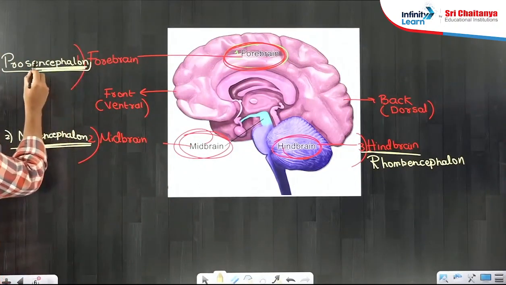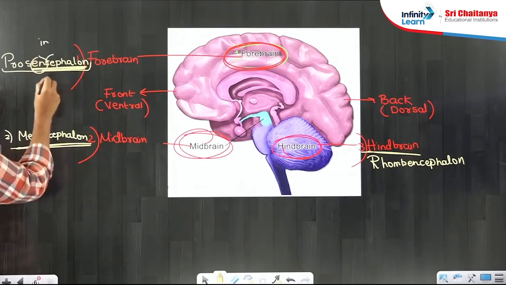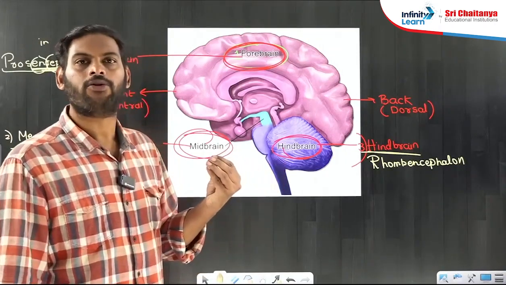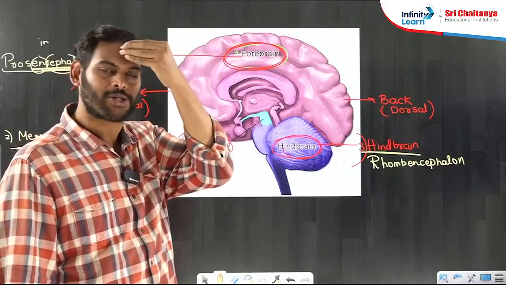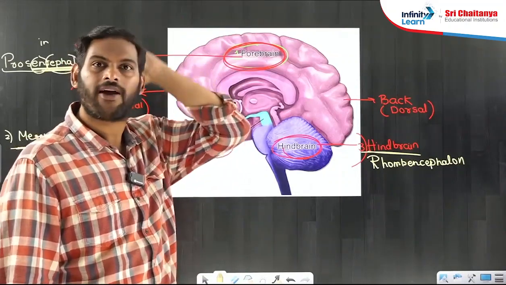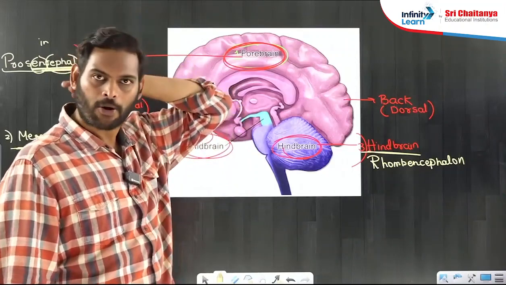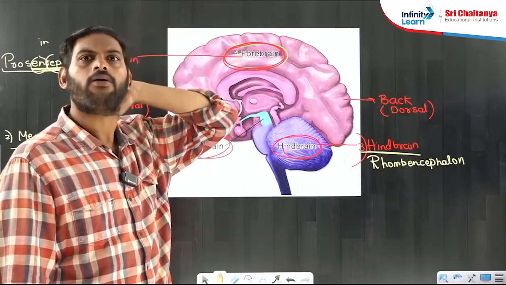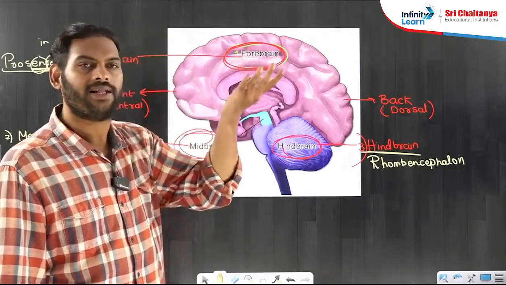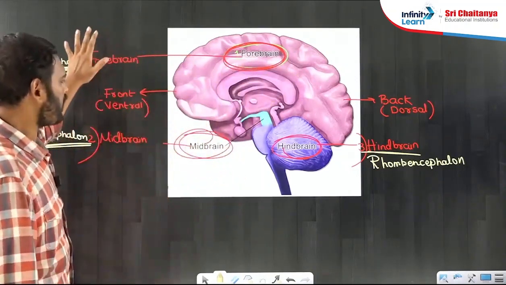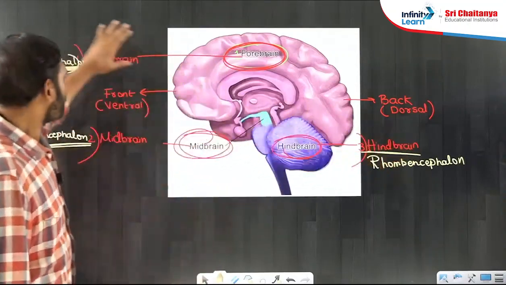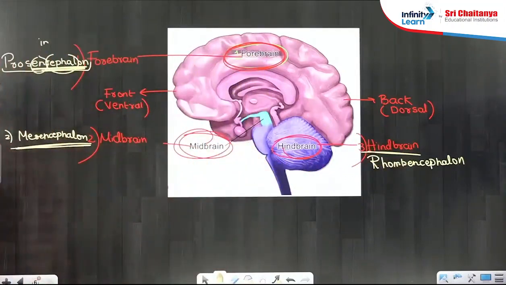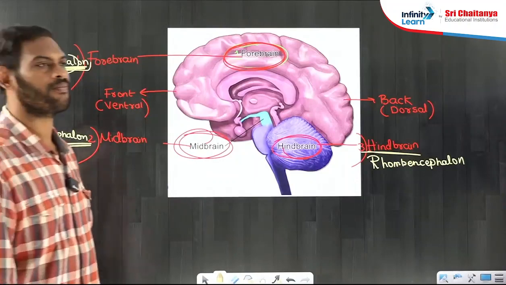Encephalon: en, inside, cephalus, head. The first part of the brain you see from outside is prosencephalon. The part of the brain which is behind, back, hind, rhombencephalon. The part of the brain between prosencephalon and rhombencephalon is middle, mesencephalon. So forebrain, midbrain, hindbrain. Prosencephalon, mesencephalon, rhombencephalon. Okay, got this till now?